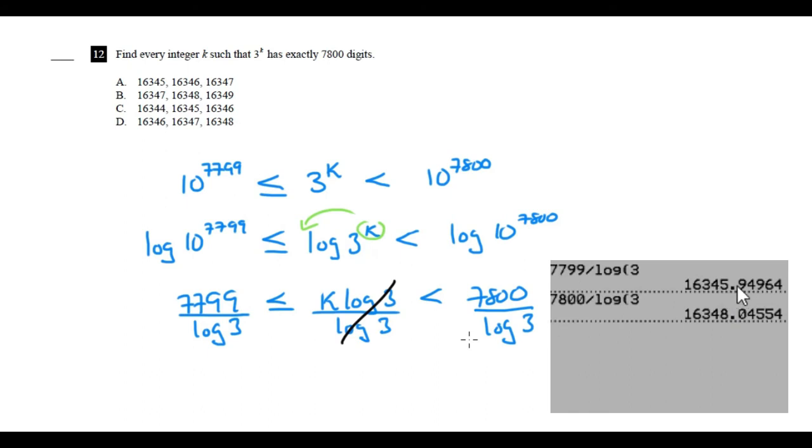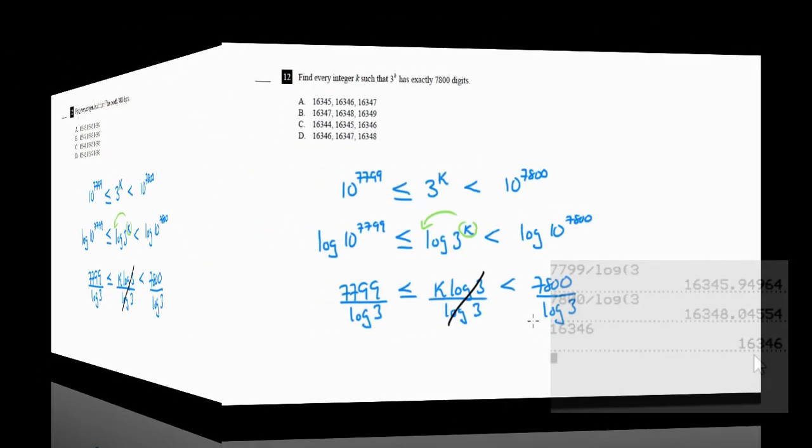We can pick anything bigger than 16,345, and of course that will start at 16,346, and we can go up to, but not go past or even include this last number. And of course this one's a little tiny bit bigger than 16,348, but we can still include 16,348. So the correct answer is going to be from 16,346, 47, and 16,348, which looks like it's letter D is the correct answer.